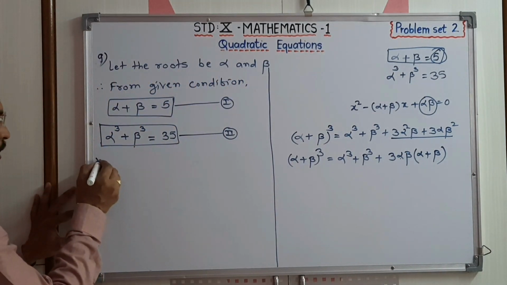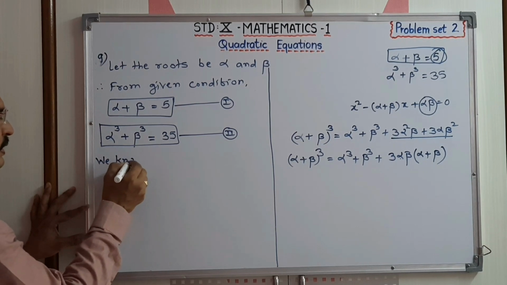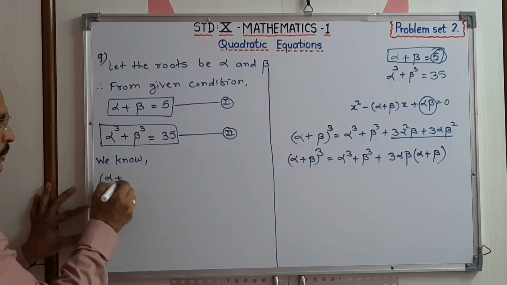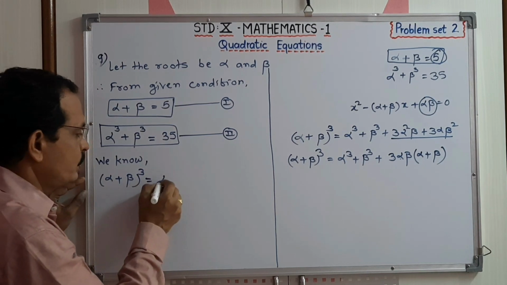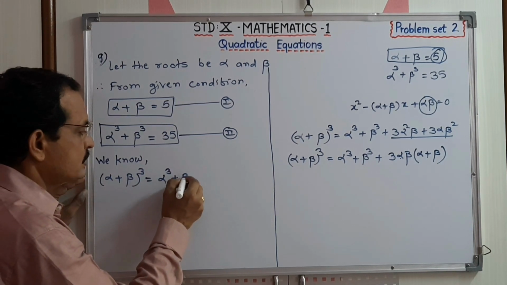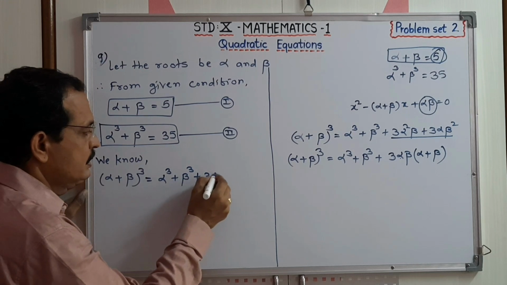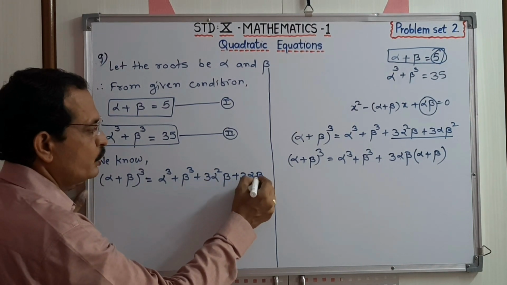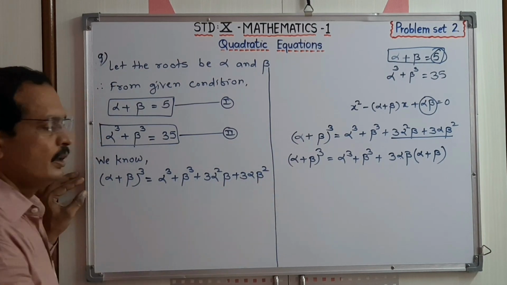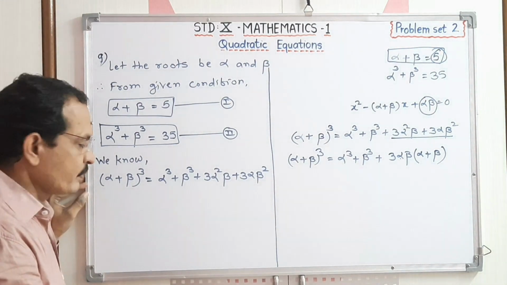Therefore we write: we know alpha plus beta cube is equal to alpha cube plus beta cube plus 3 alpha square beta plus 3 alpha into beta square. This is the expansion formula.